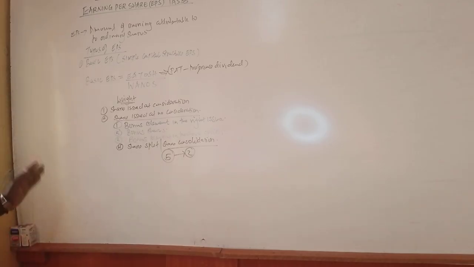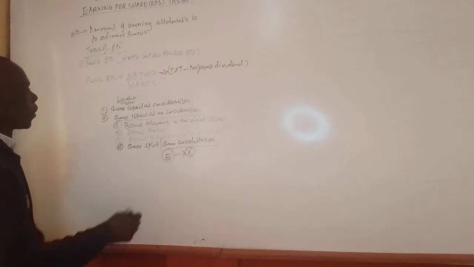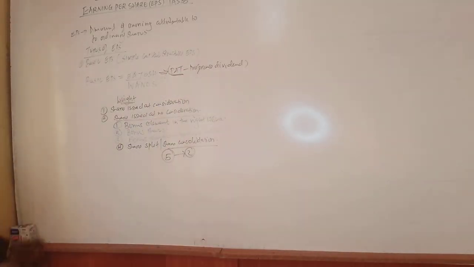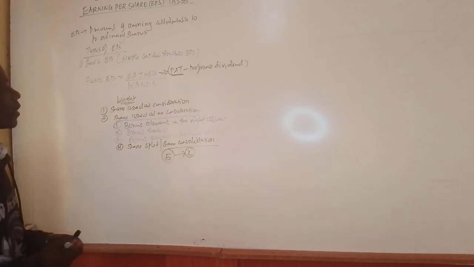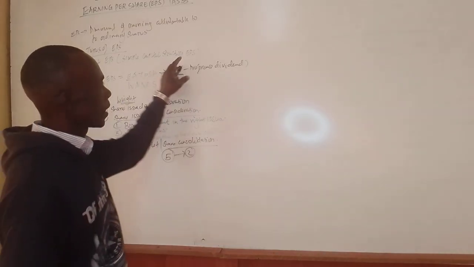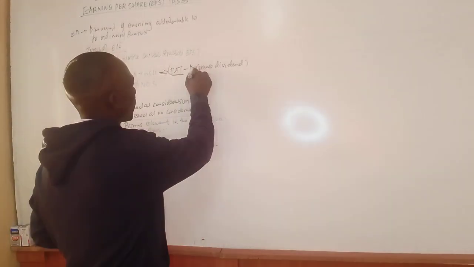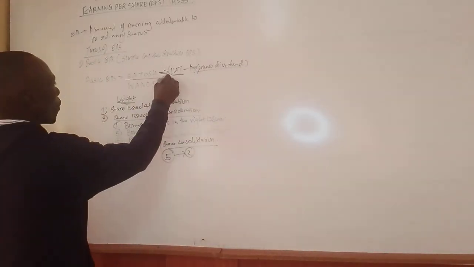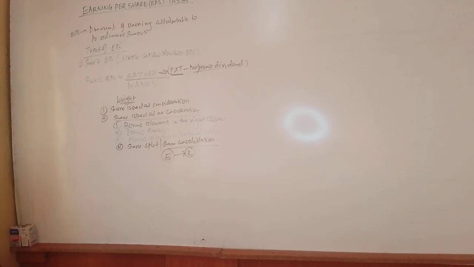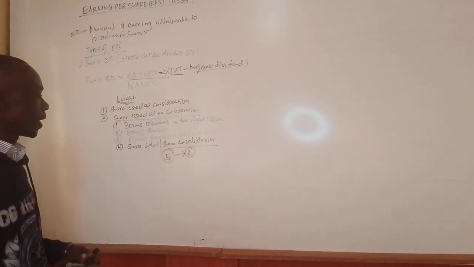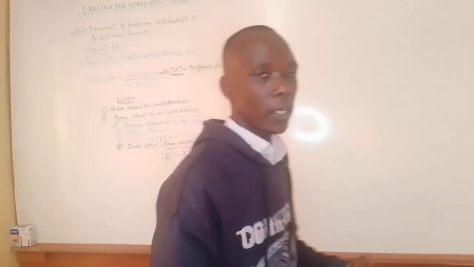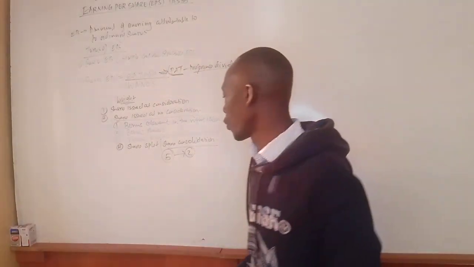So that's about the basic EPS. When you will be computing the basic EPS, you will start by looking at the profit attributable to ordinary shareholders, where you take the profit after tax, then you subtract the preference dividend. Then from there, you are going to weight the number of shares which were issued and fully paid during that financial period.